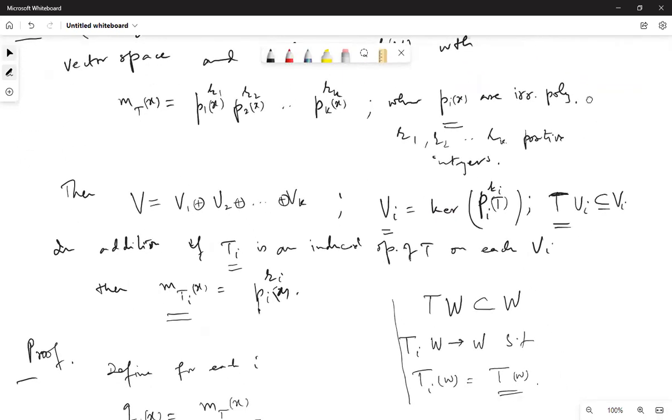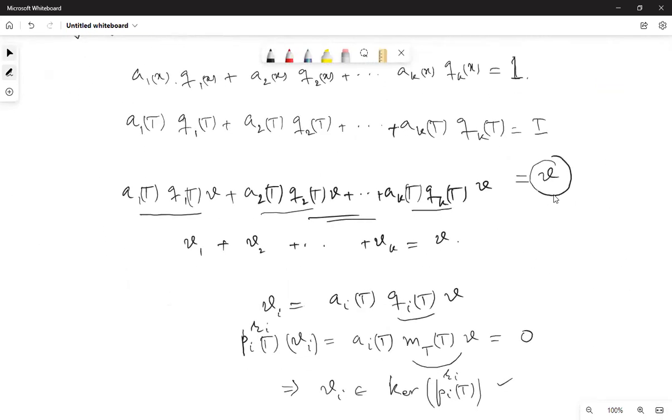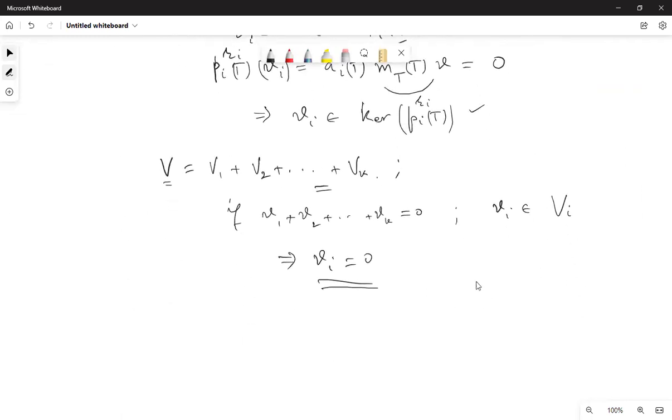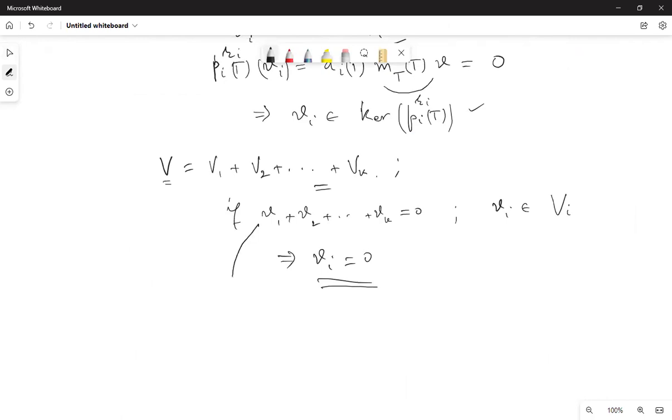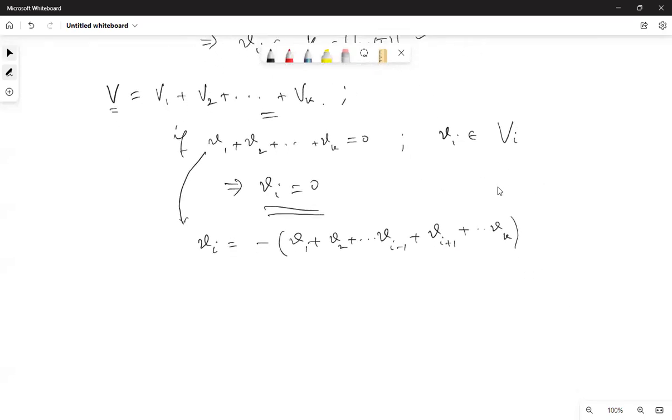All right. These are obviously kernel spaces and so T invariant. All right. So here, if this is 0, then I can write any vi as the sum of the other vj's, but not vi here. This is vi plus 1 up to vk. All right. Now see this qi(T) of vi.